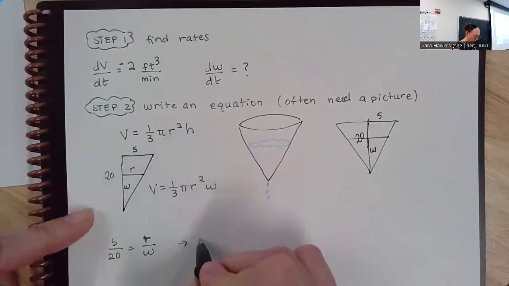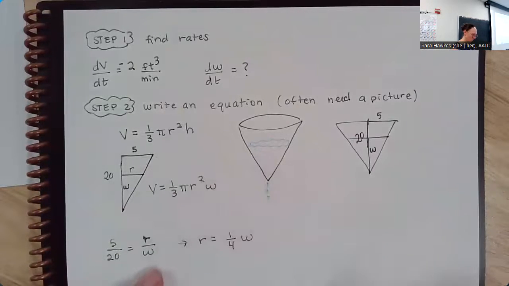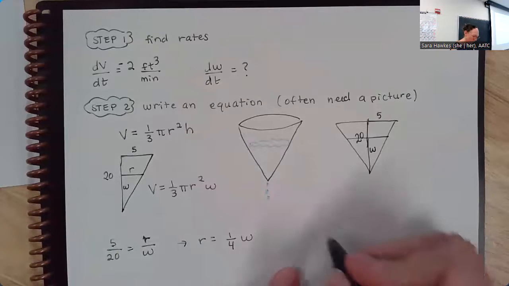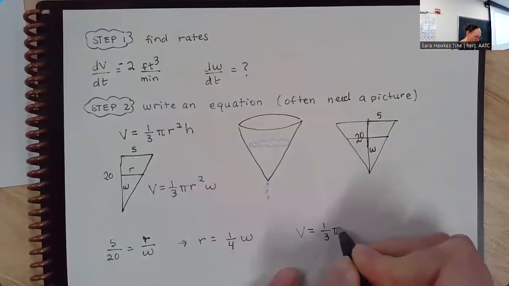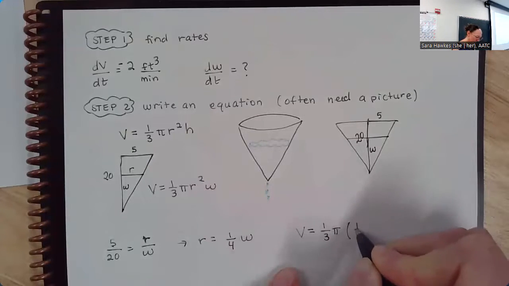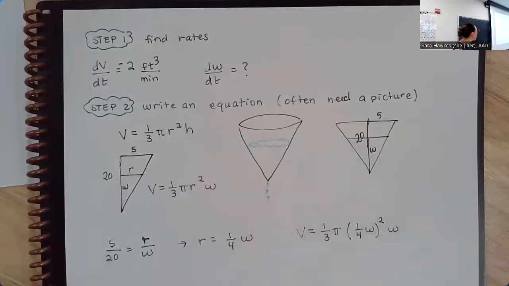So R would be equal to 1/4 W. Right? 5/20, that's 1/4, yeah. And my volume equation for the water would then be 1/3 pi times 1/4 of W squared times a W.